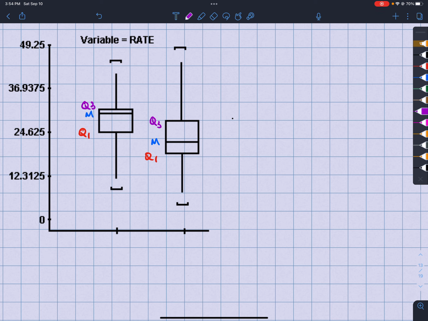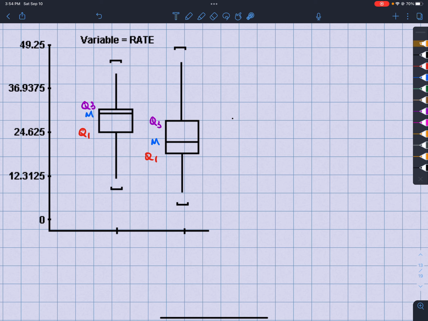So if the box is further apart, that means there's a bigger spread in the numbers that you see, whereas here, since it's so narrow, it's a smaller spread.